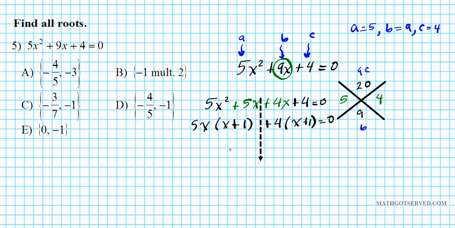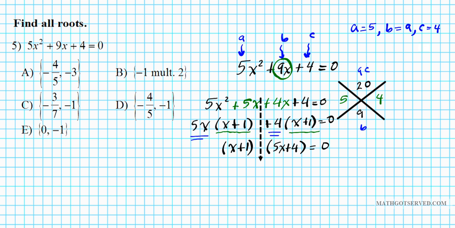All right, now we're going to factor out the common factor, namely x plus 1. So we have x plus 1, and what's left is 5x plus 4. Those will be grouped together in their own parentheses, equals 0.